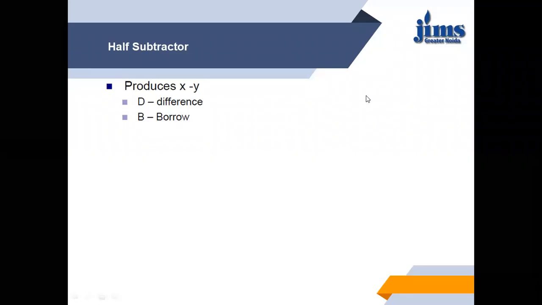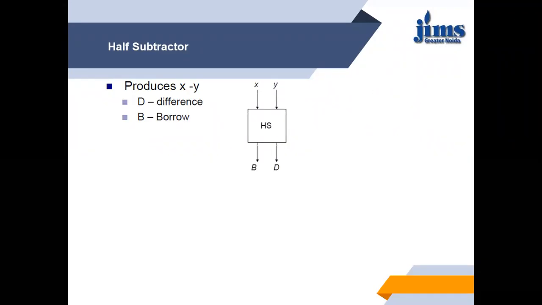Now that will be much easier when we look into the truth table. So as far as the specifications are given, we have to design a half subtractor. Here I have written HS in the block diagram. It has 2 inputs x and y. The process is x minus y, and we have 2 outputs, D for difference, B for borrow.